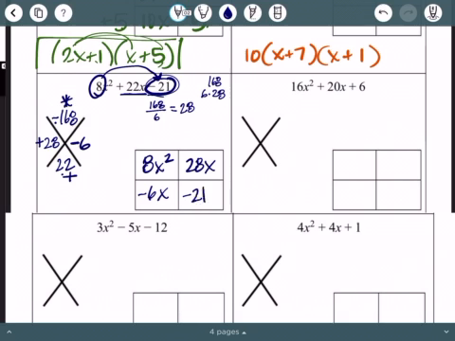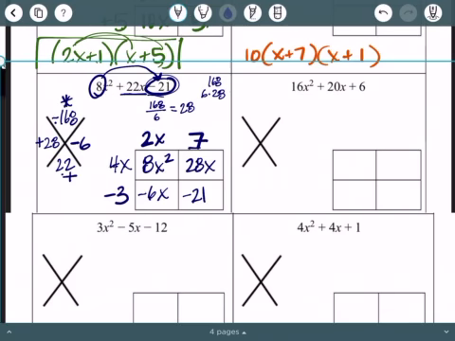So if I'm looking at this, I can see that these have 2 in common along with an x in common. That leaves me with 4 times x, because 2 times 4 is 8. X times x is x squared. 4 times something is getting me 28. That number is 7. 4 times 7. 7 times something is negative 21. That number is negative 3.